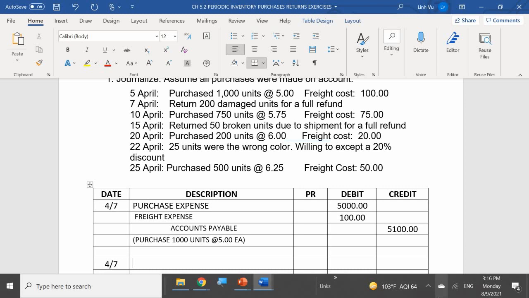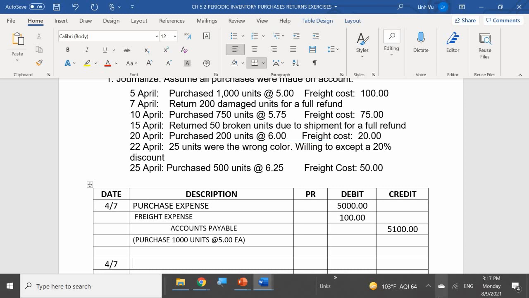Most likely you're not going to get a refund a month later, because you should have done your duty in the first place to check that those items were okay before you verified that you received them. So in this case, the assumption is that every return is associated with the previous batch you purchased. This 200 units came directly from our original purchase of 1,000 units.